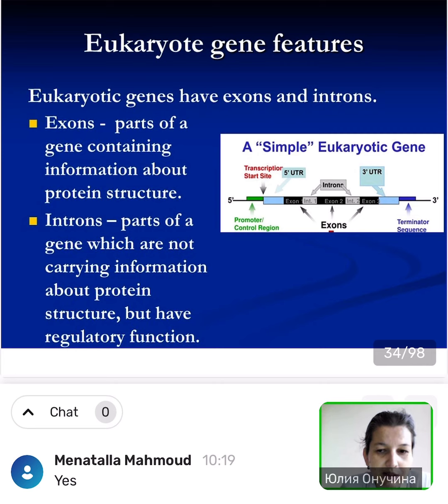You see these parts green and blue. In the middle between them is the structural gene itself that contains two variants of sequences. We call them exons and introns. Exons, they are dark in our scheme. They contain information about proteins, and they will be translated during translation. Introns in eukaryotic cells are present only in DNA, and they do not contain information about proteins.